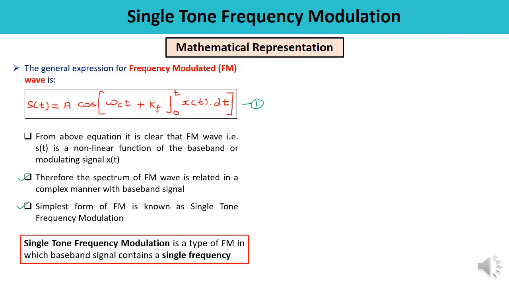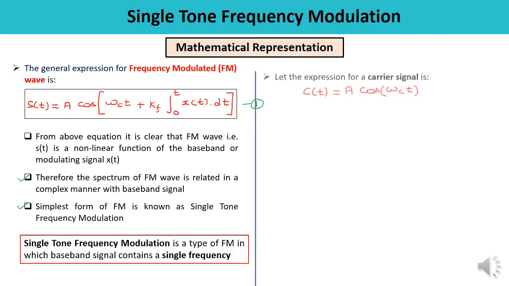It is a type of frequency modulation in which the baseband signal contains a single frequency. Multiple tone frequency modulation is also possible, but here we are talking about a single tone. It means a single frequency component of the baseband signal exists here.